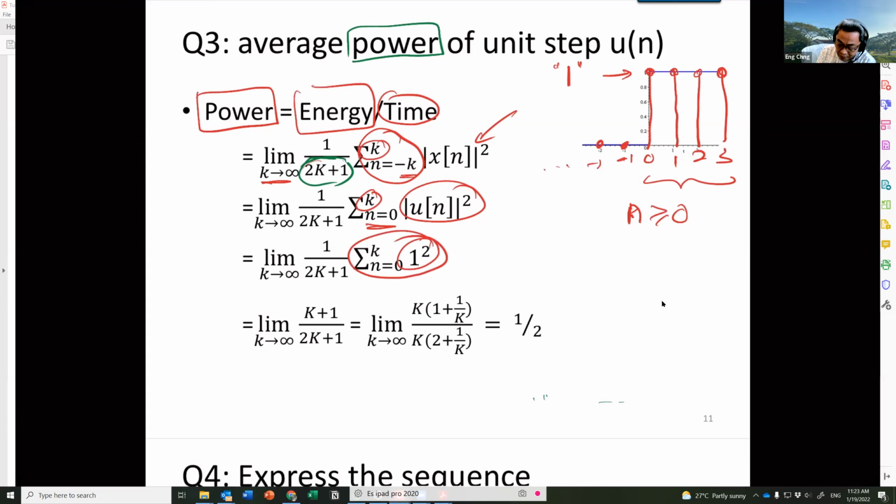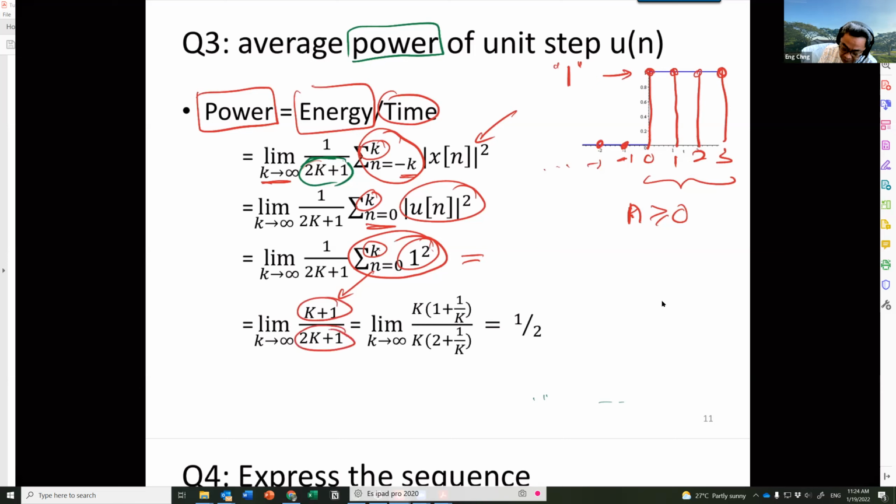Now, of course, you say, I reached this point, and it will not make sense if I set k to be infinity. However, we do this trick in calculus where what do we do? Well, we assume that k is not infinity first. So on the top is k plus 1, right? Because we are interested in k plus 1 points.